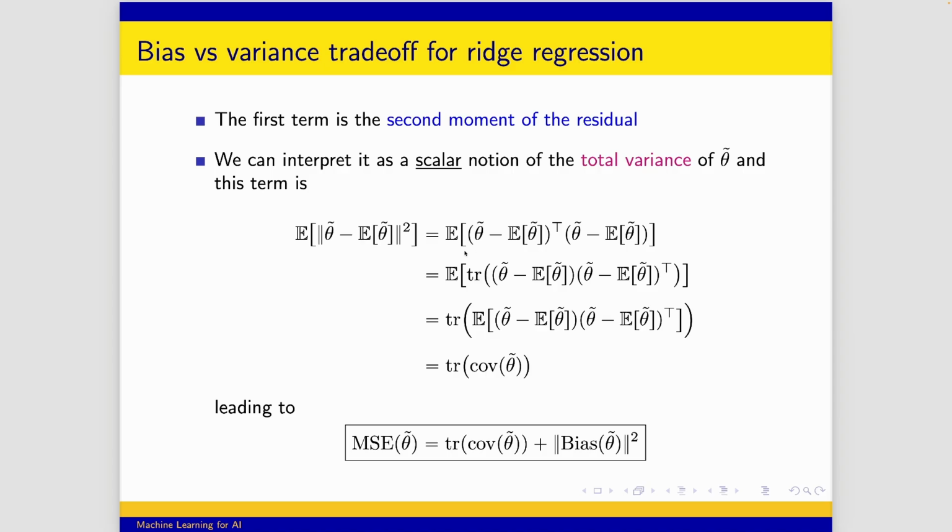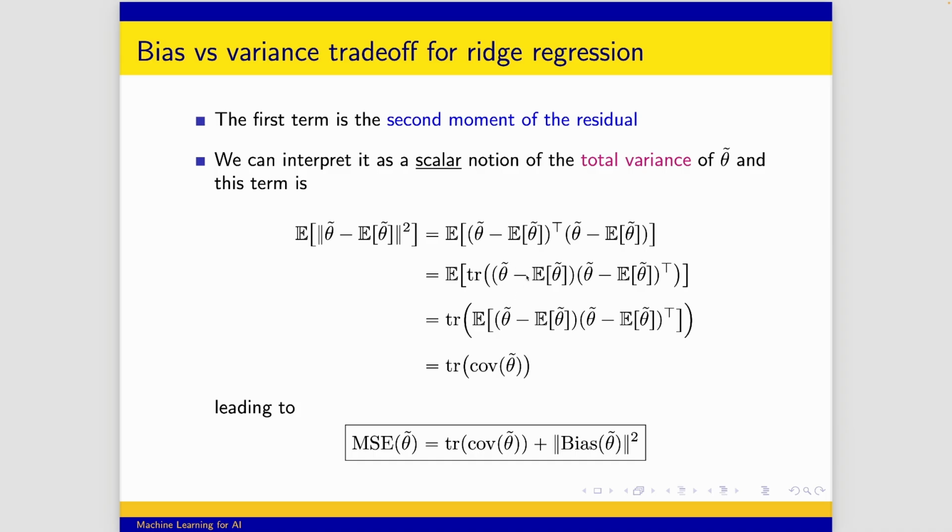And we can simplify this as follows. This is the expected value of this 2 norm, so it's the expected value of this vector dot product with itself, or this vector transpose itself, same thing, the standard inner product, the dot product. And this we can write as the trace of this times the transpose of itself. In other words, this is an outer product. This is a standard trick that we use, and you can see it from some simple linear algebra.